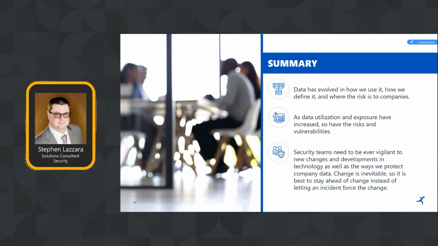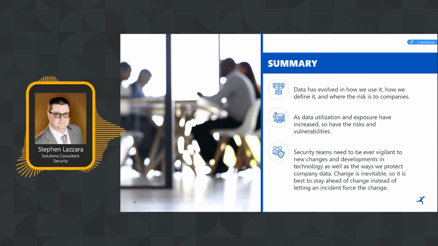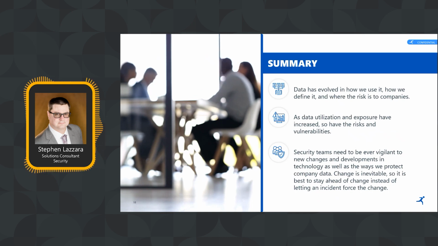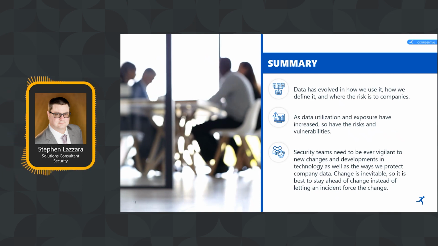Every new technological advancement, every change in a business practice is going to cause a risk to raise its head, and it will have to be addressed. And really, security teams have to be vigilant about that, and they want to be ahead of those changes.